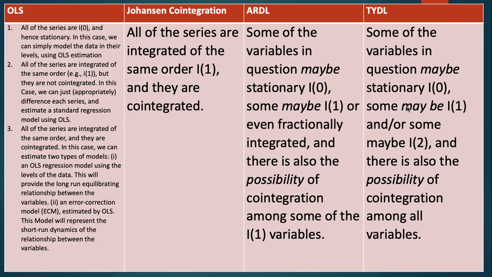We have explained in previous videos that when all of our series are integrated of the same order I0, then we can use OLS estimation. And when all of our series are integrated of the same order I1 and they are co-integrated, then we can use Johansen co-integration.